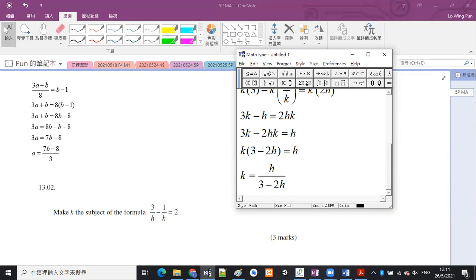So this h is not a factor. It's not qualified to cancel with some other factors. Actually, the upper h is qualified to cancel, but there is no other to cancel with it. So there is no more cancellation, and that is the answer.